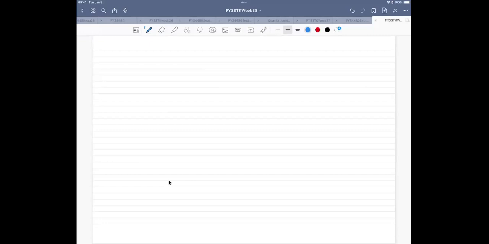We do these resampling techniques simply because we often have a limited set of data. So, resampling with bootstrap.